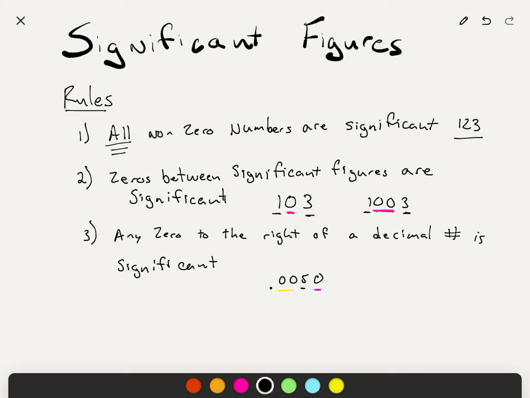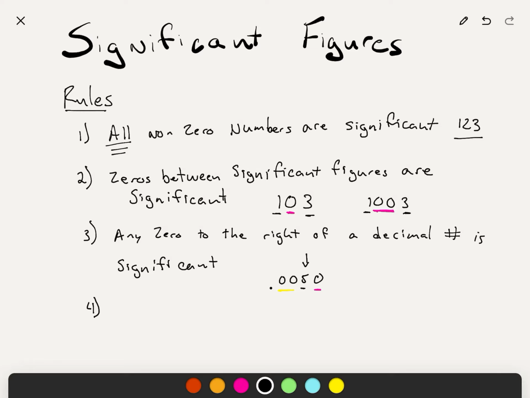So they tell us that our measured number is here, and it is significant, and then everything to the right of it is still significant as it's being measured. But the only reason these zeros that I've underlined in yellow are there is to let us know where we started, where the measurement lies.